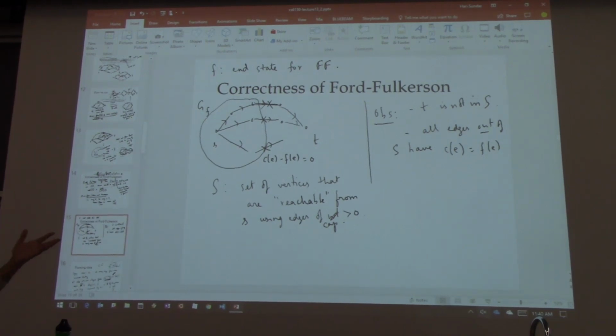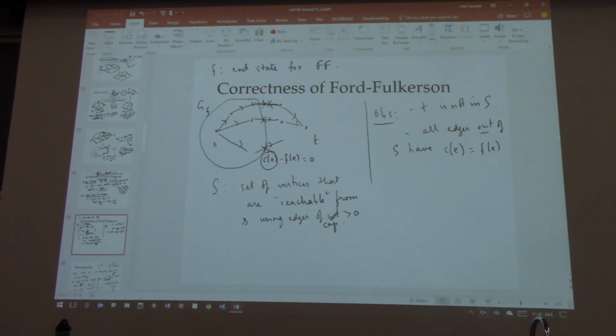And this is essentially the proof. Now let's go back to the original graph G. Here all those edges had capacity C of E. Suppose I think of cutting all those, and now there is no flow from S to T here.